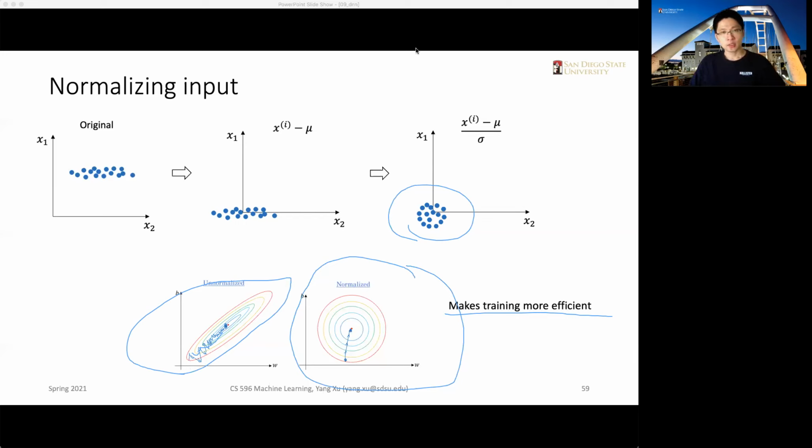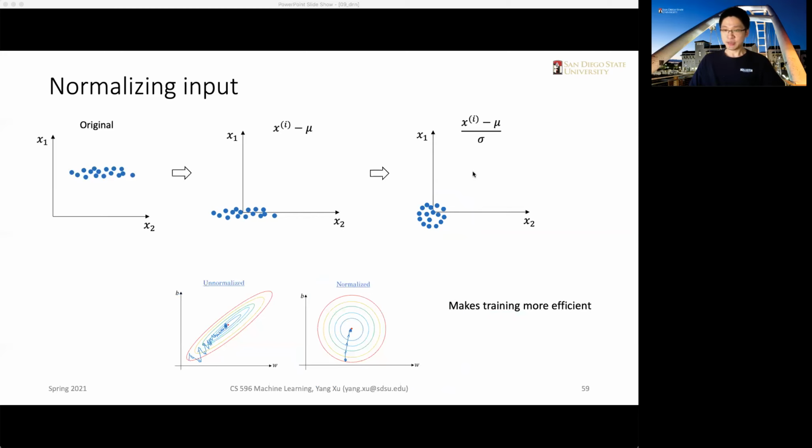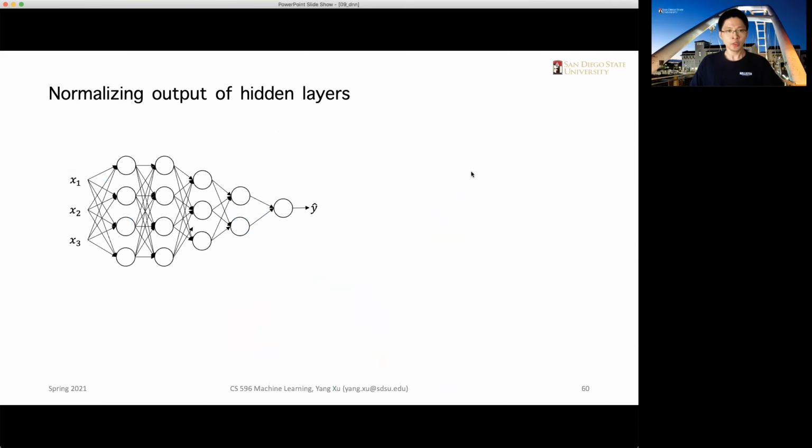So the thought of batch norm is that we can apply the same technique not just to the input, but also to the output of hidden layers. Because the outputs of a hidden layer are the input to the next layer, right? X can be thought of as A0.